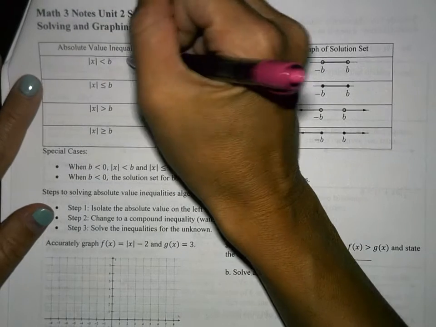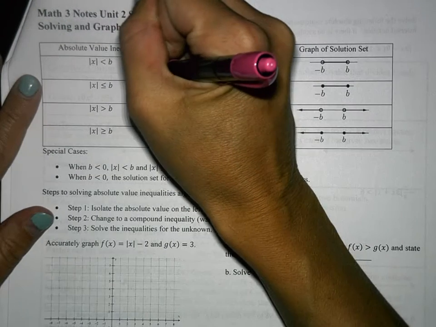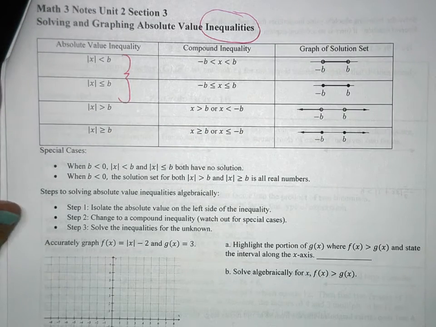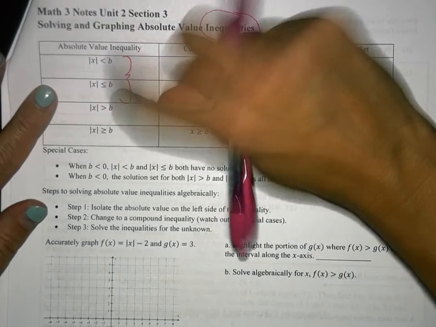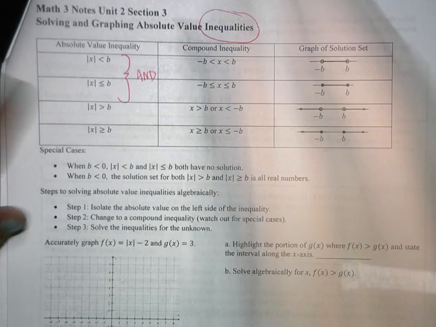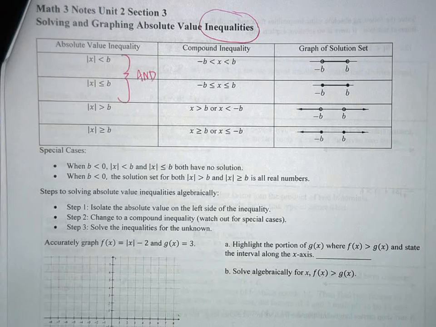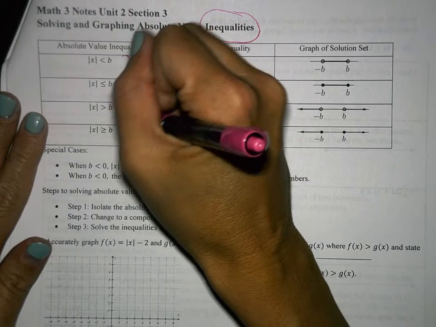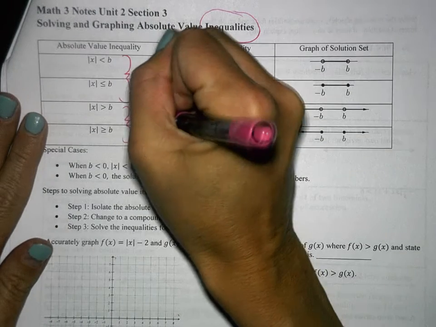Some of you might have heard these referred to as "and" or "or" problems. Does that sound familiar at all? When you have the less than sign, this is an "and" problem. I remember them because "less than" has "and" in it, and "greater" has "or" in it.